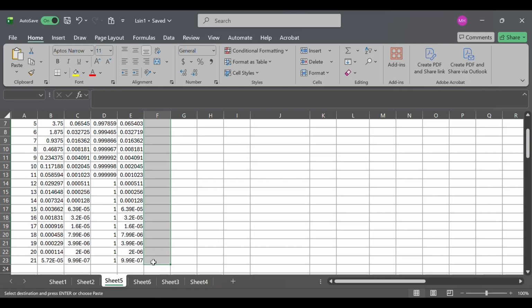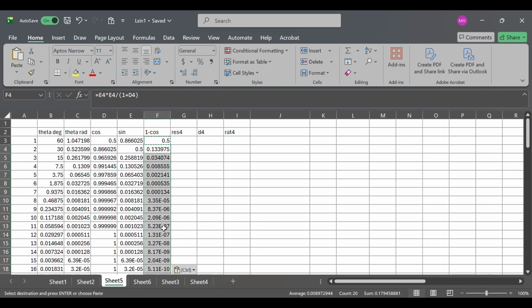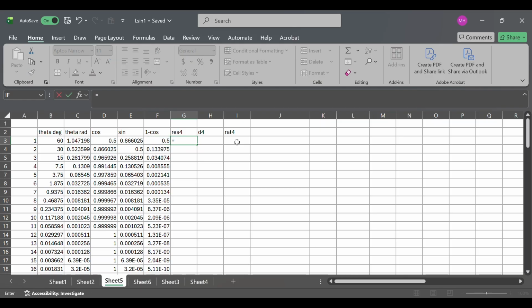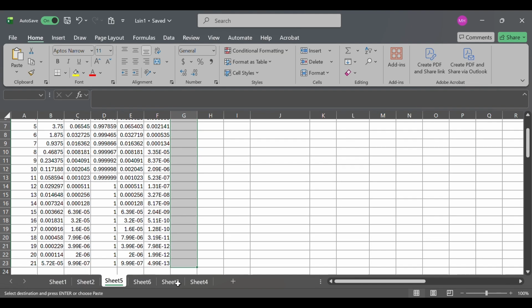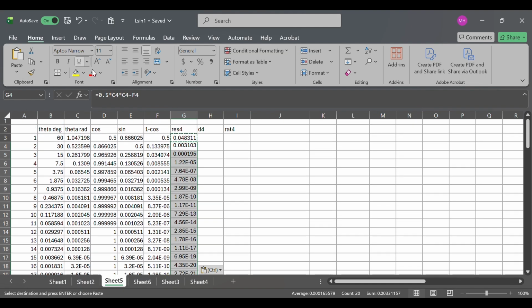It's critical here because you lose digits in this process. The residual is 0.5 times theta squared. And we're going to subtract the 1 minus cosine. We'll bring that calculation down.